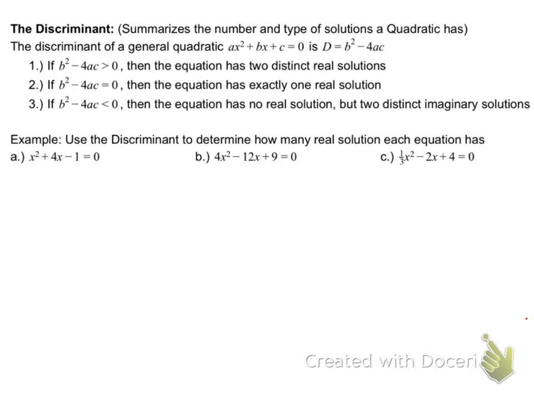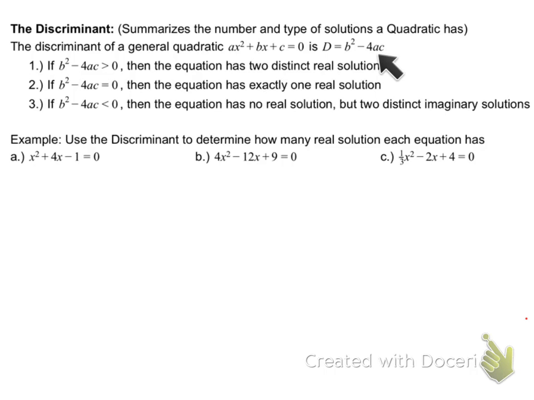So the discriminant just helps us discriminate between how many solutions and what type there will be. The discriminant of a quadratic in standard form is, right here, b squared minus 4ac. This is the stuff that's underneath the square root. If it's positive, if you take a square root of a positive number, you have 2 answers, plus or minus.